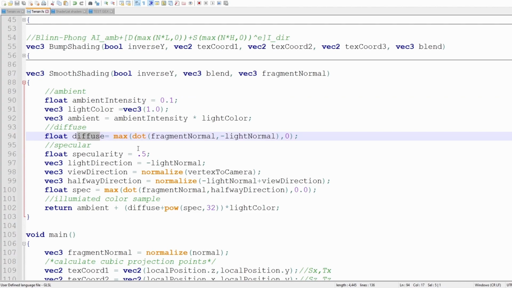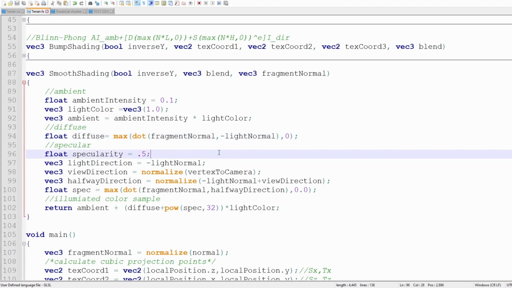The diffuse is gotten as the dot product between your fragment normal and that L value, but since L in this case is just the negated light normal, there's really nothing more to do here. And then we just make sure that this number is greater than 0, and if not, we just clamp it.